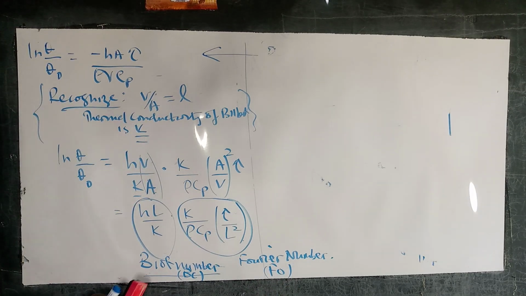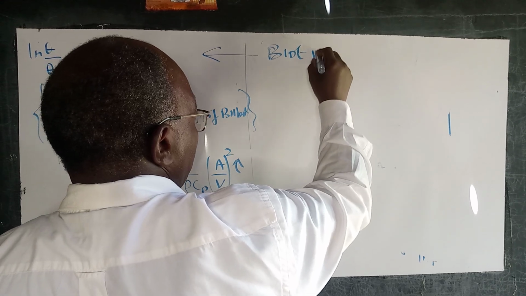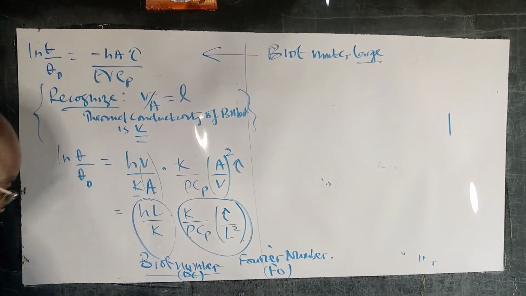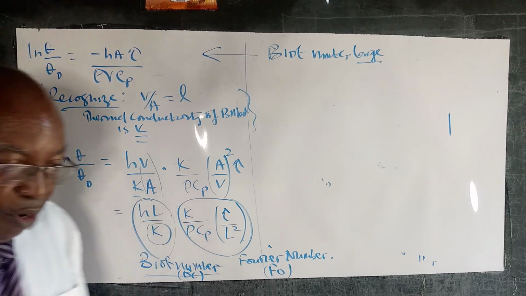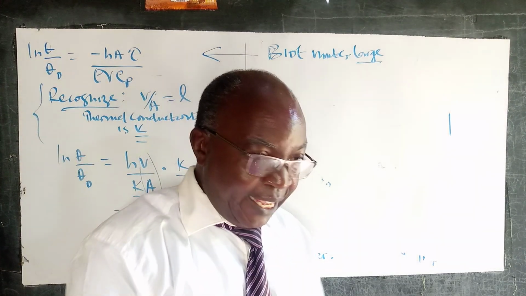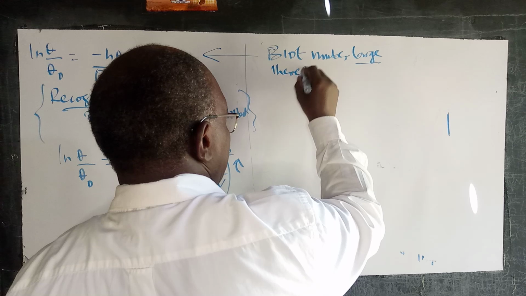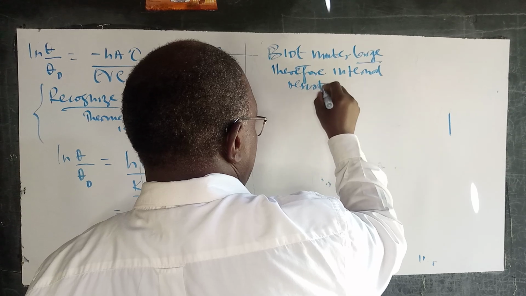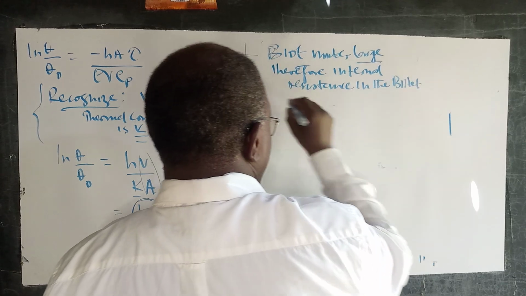Now, if we look at the Biot number, when the Biot number is large, that means that thermal conductivity is small. And if thermal conductivity is small in the billet, what does it mean? It means that the internal resistance in the billet is high.